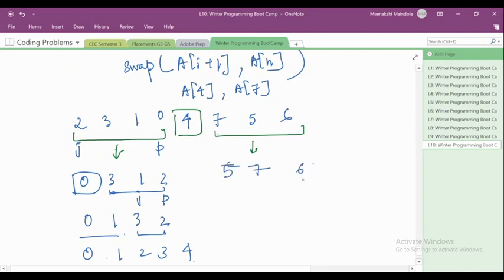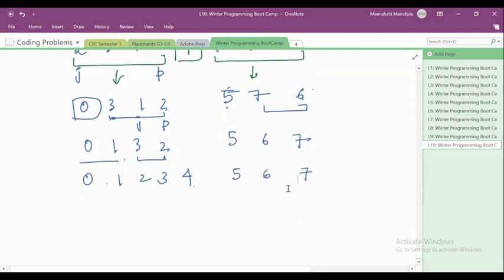Now 5 is at its correct position. You are going to perform quick sort on these two elements. Then you see that these two elements are going to be swapped. So you have 5, 6 and 7. In the final output, you have the sorted array, which is 0, 1, 2, 3, 4, 5, 6 and 7. Right?